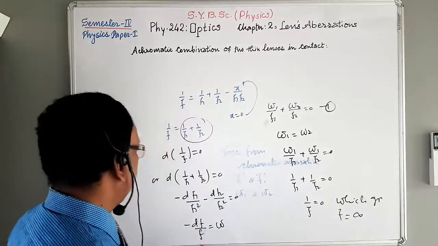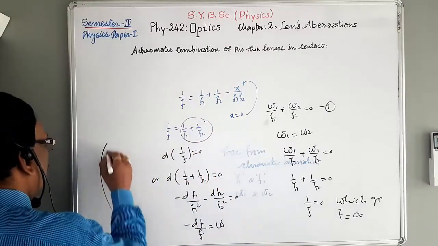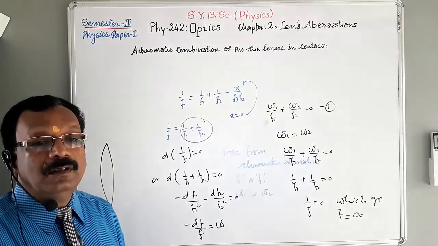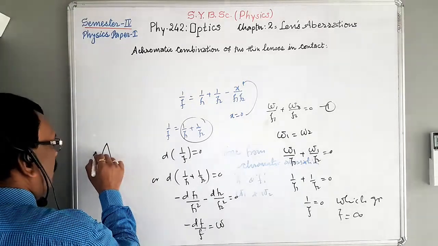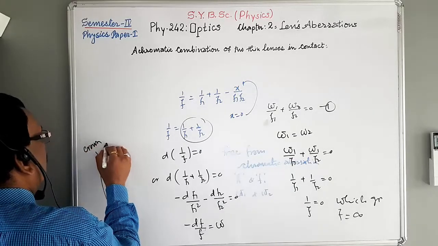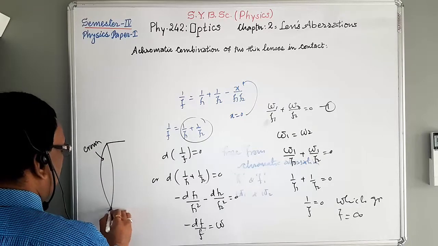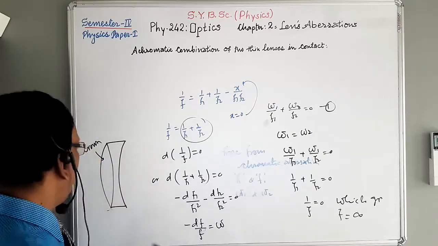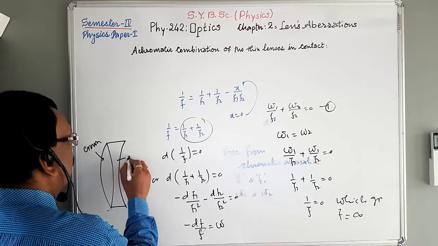Suppose this is the converging lens or convex lens, and the material of this is crown. Then the two lenses are in contact. Another lens is a concave lens, whose material is flint.